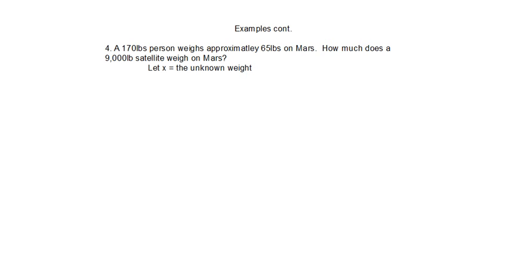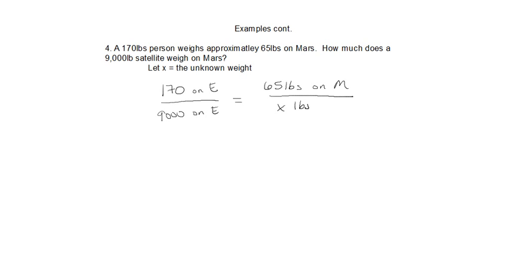So if we have someone who is 170 pounds on Earth, and 9,000 pounds on Earth, we will set that equal to 65 pounds on Mars over x amount of pounds on Mars.